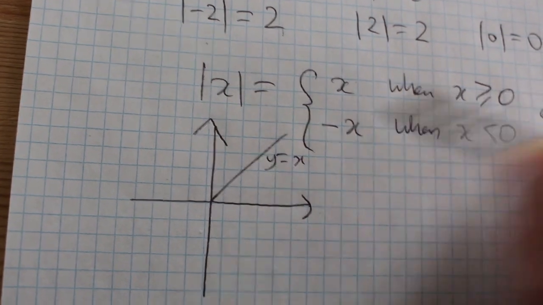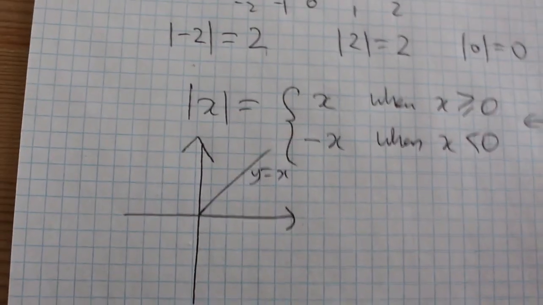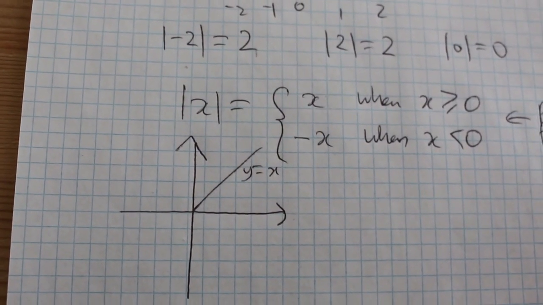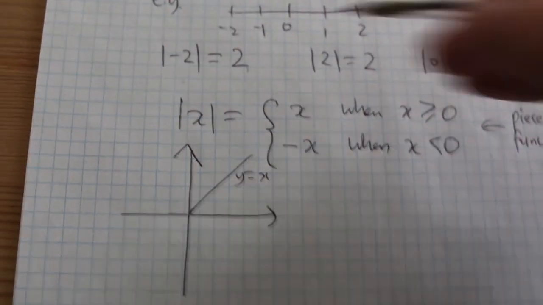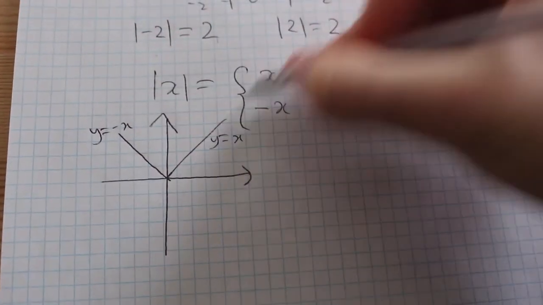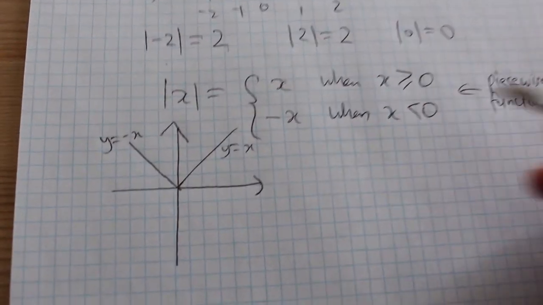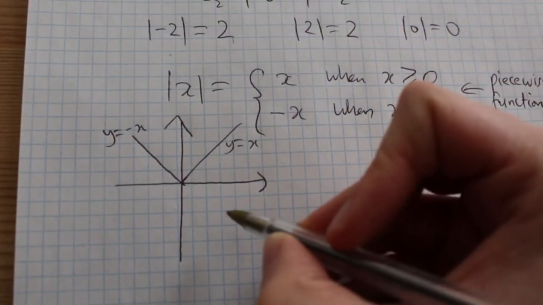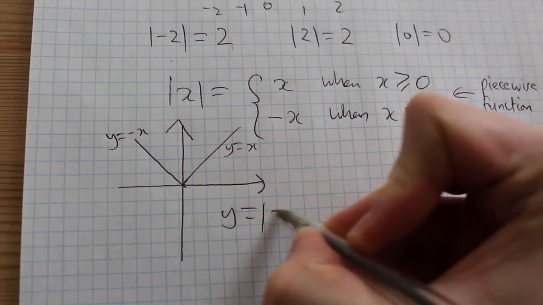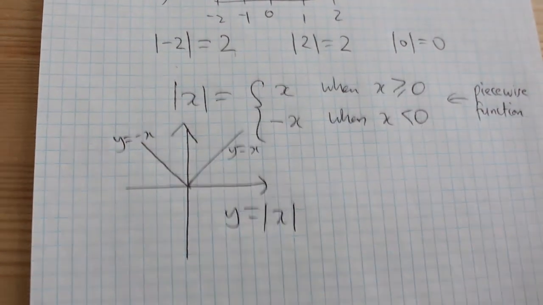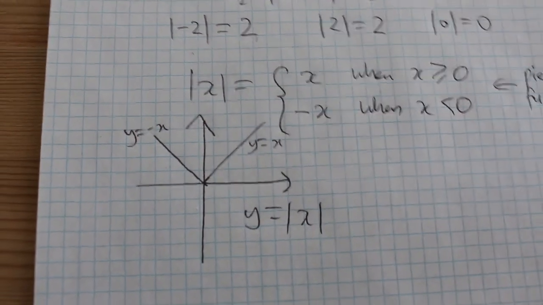So we know we're going to draw y equals x when x is positive, and when x is negative we need to draw minus x. So we get something like this. So this V-shaped curve is the graph of y equals the modulus of x.